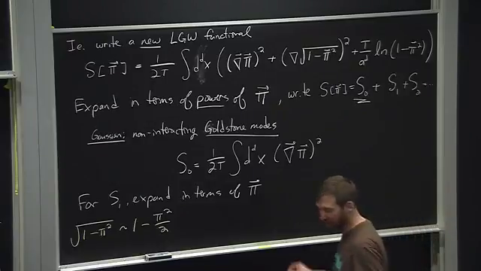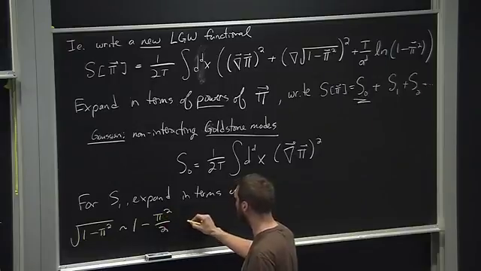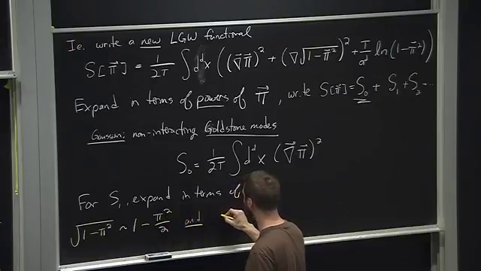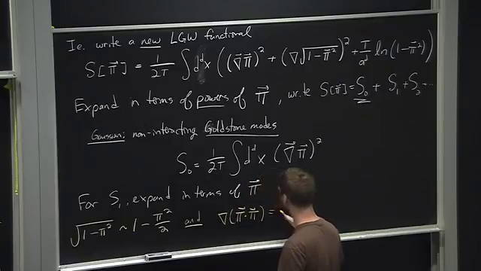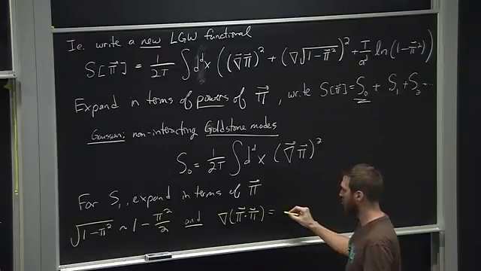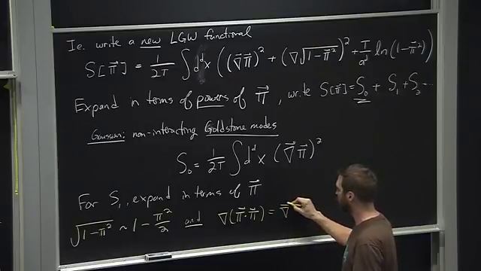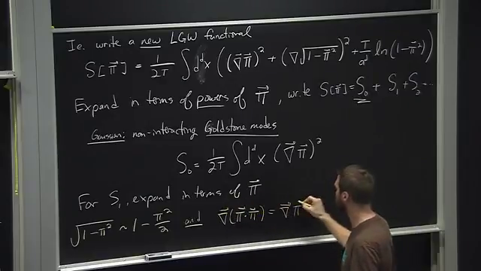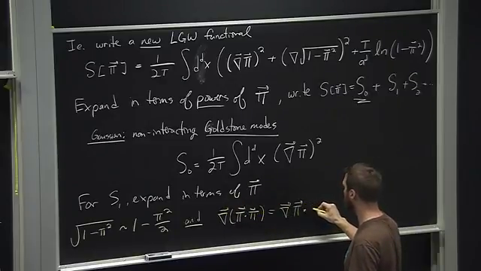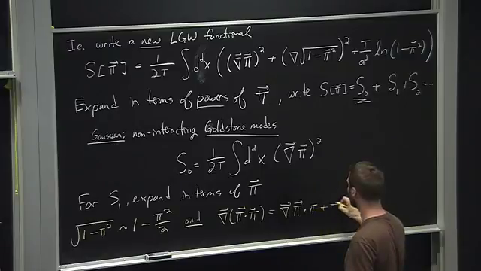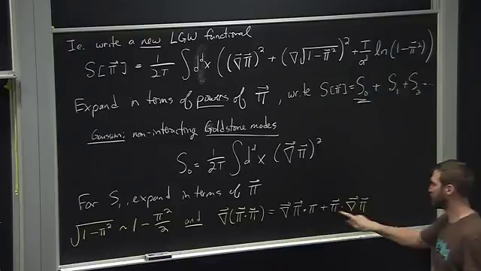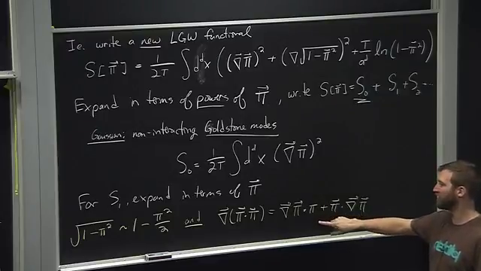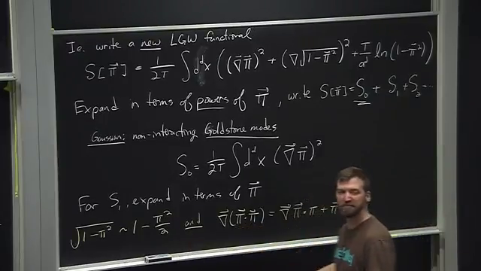So you have to remember the gradient term. This is pi dot pi. So gradient gives us something like gradient pi dot pi plus pi gradient, something like that. So there's two of those, there's two terms, the dot product, and so it gets rid of that 1/2 there.